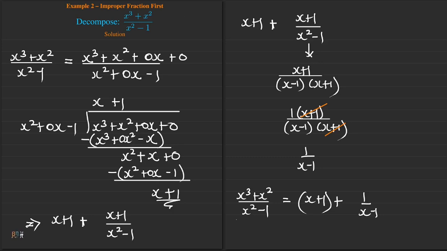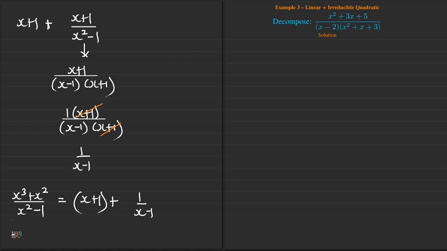Let's solve our last question for this session. So looking at our last question we have here, it says we are to decompose 2x squared plus 3x plus 5 all over x minus 2, then x squared plus x plus 3.